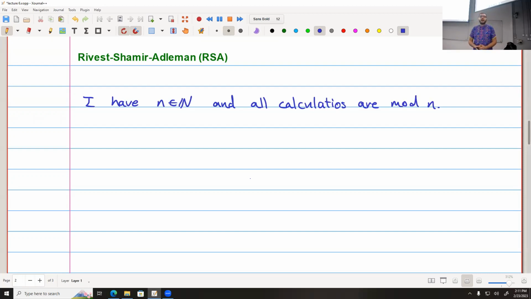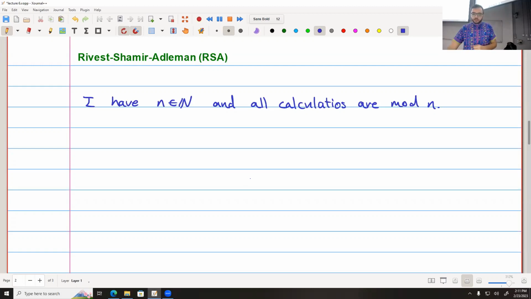Now, just as before, I have to make sure that I choose my n to be large enough so that I can encode all the possible messages that I want to send. So if I want to send, I don't know, 10,000 possible messages, my n should definitely be larger than 10,000 so that I can have different values for my messages. But that's not generally a problem.